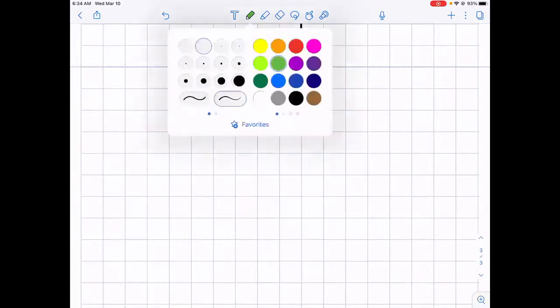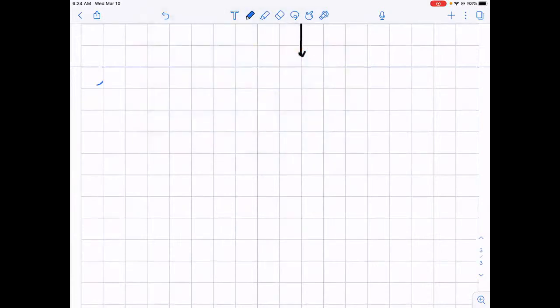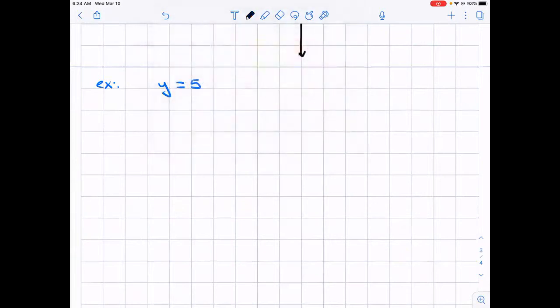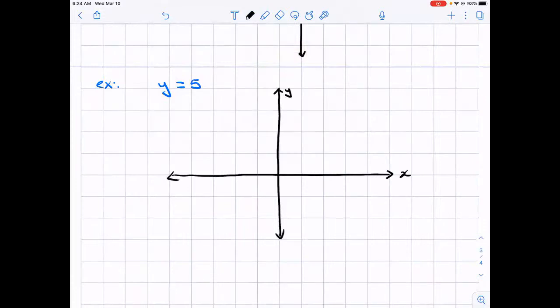Now, if we look at another example, and you're asked to graph y equals 5. Well, anytime we have an equation of the form y equals a constant, that will be a horizontal line. So this here is a constant, or an integer.